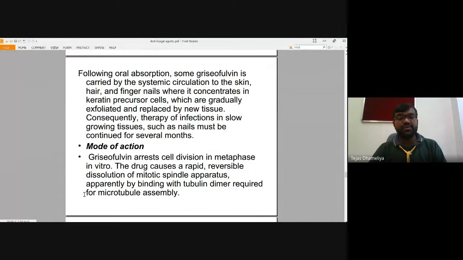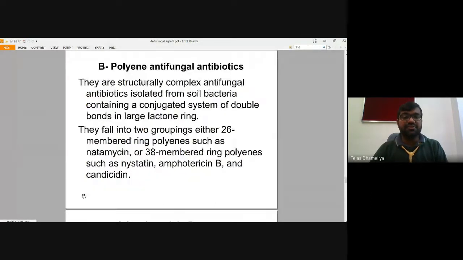It arrests cell division at the metaphase, and that shows the activity. Basically it is a benzofuranone derivative, which binds with microtubules. Once it binds with these microtubules, it is able to show its antifungal activity.